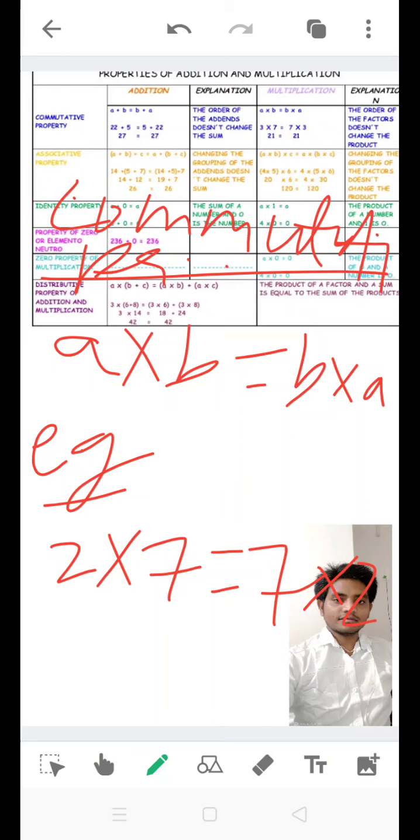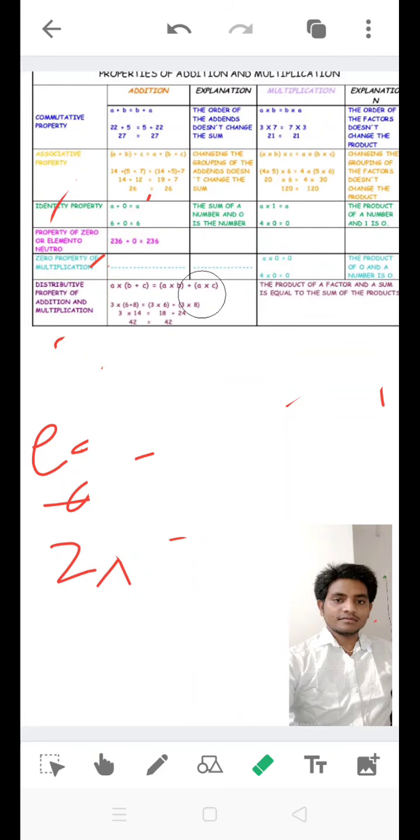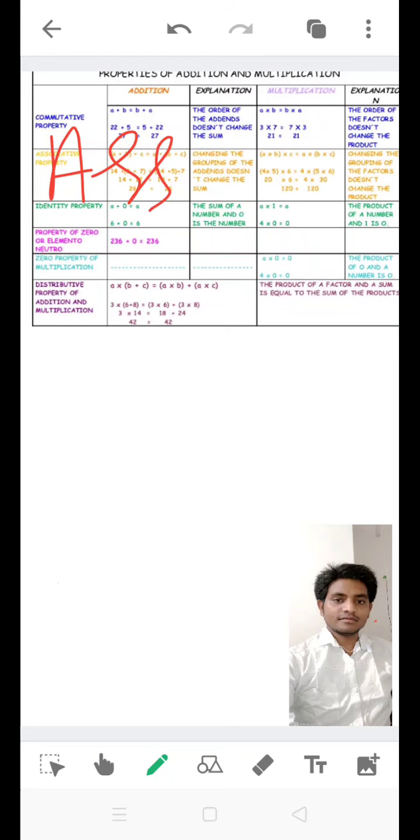Next one is associative property. In this property we have three numbers.